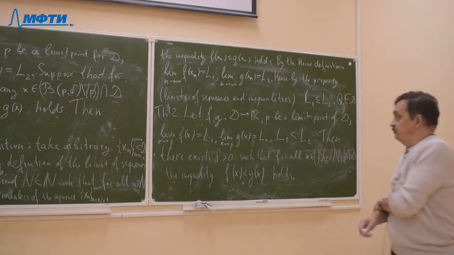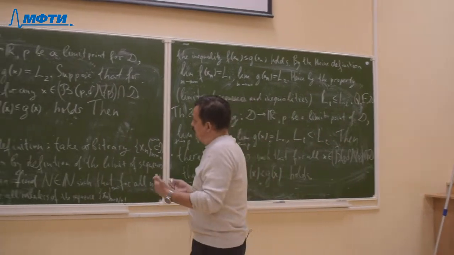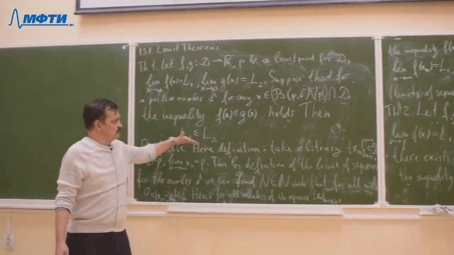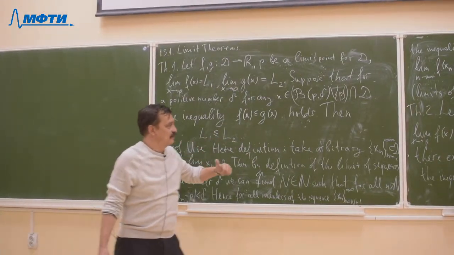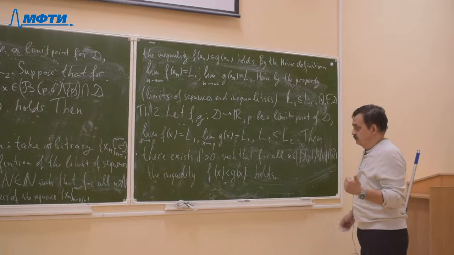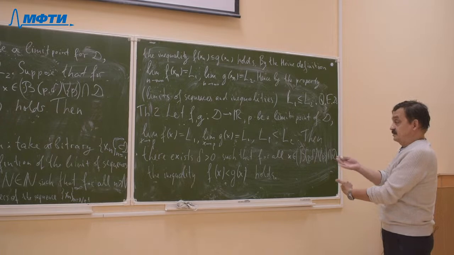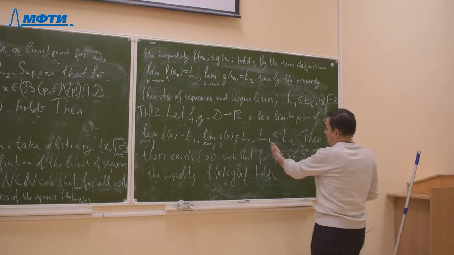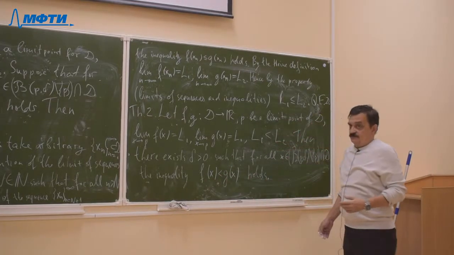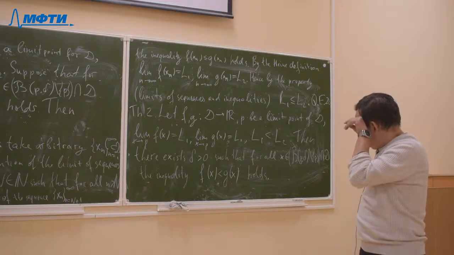So you see, this is a converse assertion. In the first one we supposed the inequality between functions, and we deduced the inequality for limits. And the second assertion is in some sense converse. We have an inequality for limits, then we deduce the inequality for the values of the functions.